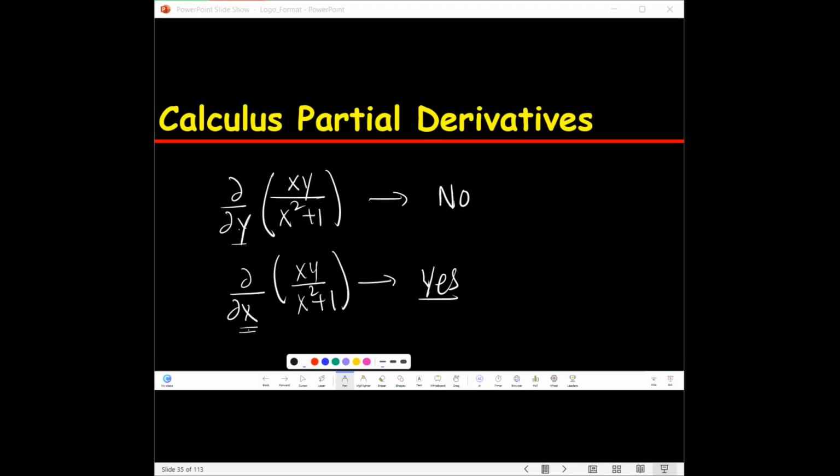And how the quotient rule is applied is not too complicated. For example, let me just do it. Let's take a look at another problem.